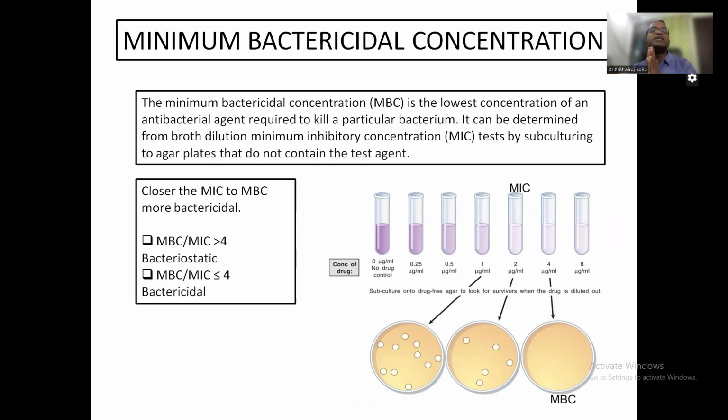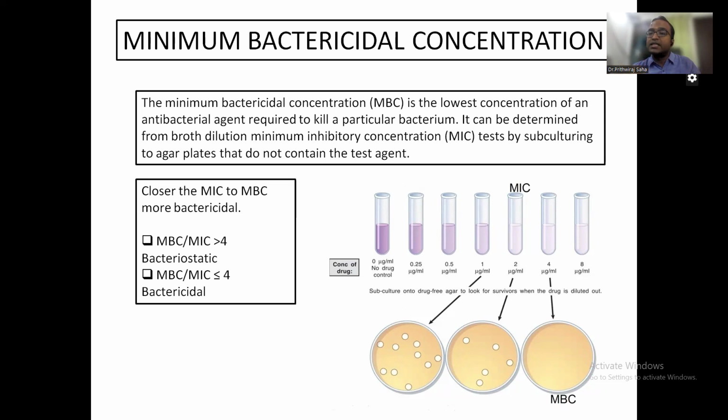If the MBC and MIC are very close, we decide the drug on the basis of MIC. If we are achieving MIC and subsequently almost MBC at the same concentration, or less than 4 times the MIC, then the drug becomes bactericidal, because we cannot have the luxury of giving the drug at the concentration of MBC, since inhibition of the growth is enough for the patient to recover. The rest, the immune system will take care of.